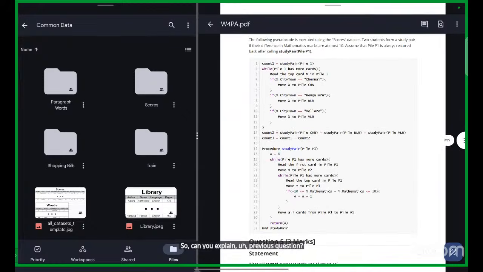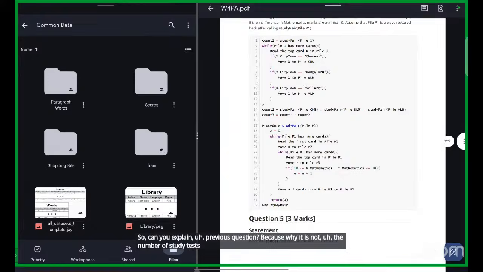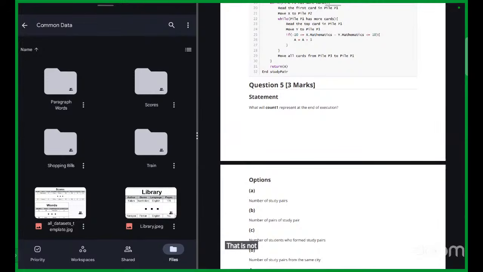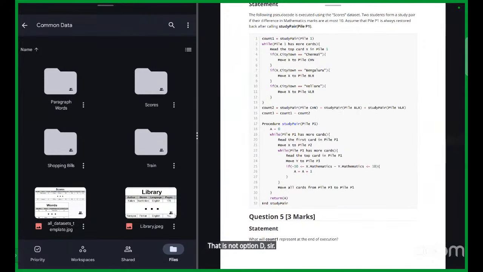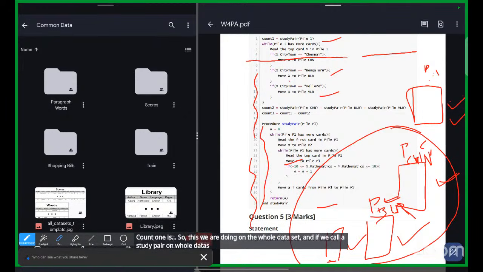Why is it not option D, sir? So count 1 is in line number 1, right? So this we are doing on the whole data set. And if we count study pairs on the whole data set, there is no filter, right?